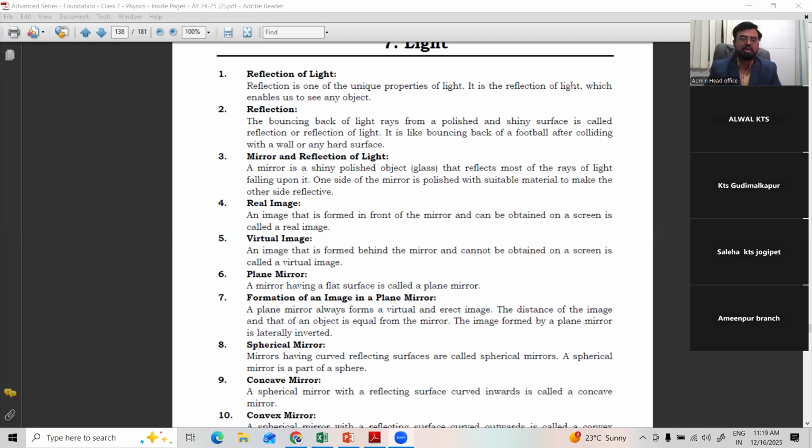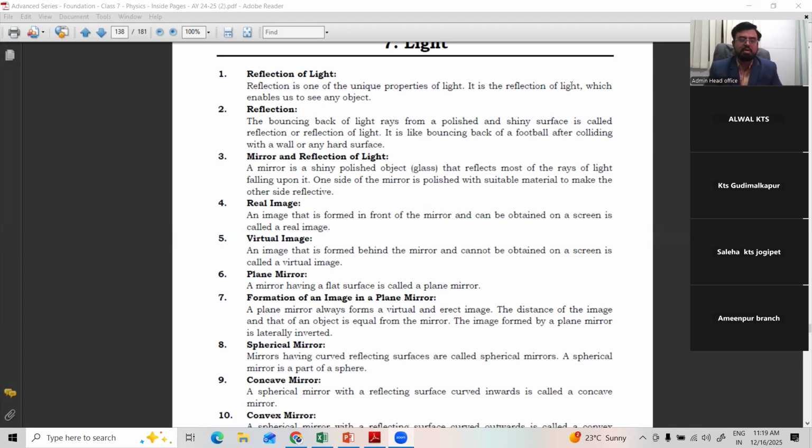So a mirror is a shiny polished glass object which reflects most of the rays of light falling on it. An image that is formed in front of a mirror and can be obtained on a screen is called a real image, and one which cannot be obtained on a screen is called a virtual image.